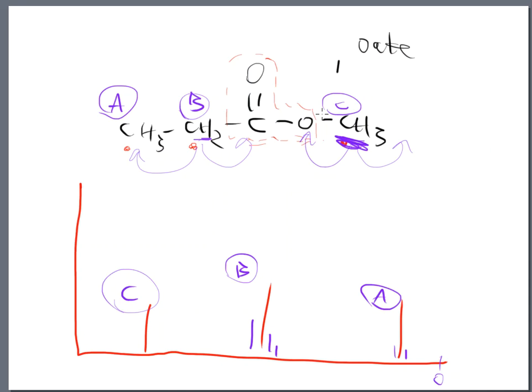So the 0 proton is 0 plus 1 is 1, and this would be a singlet that happens at position C. So that does actually not split at all. It is one signal only at C, and that's how we would describe that. So C is going to be a singlet, and then B is going to be a quartet, and then A is going to be a triplet.